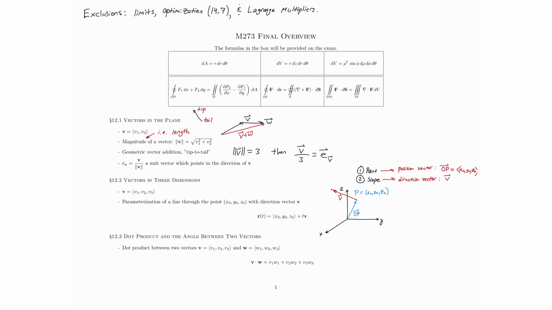Okay? Well, if we look at the actual parameterization, we're always going to take this vector that points to the point on our line P, and then we're going to add to this vector some scalar multiple t. So here t is some real number. So t copies of v. So in this case here, I chose to add 1 copy of v. So this is like t equals 1.